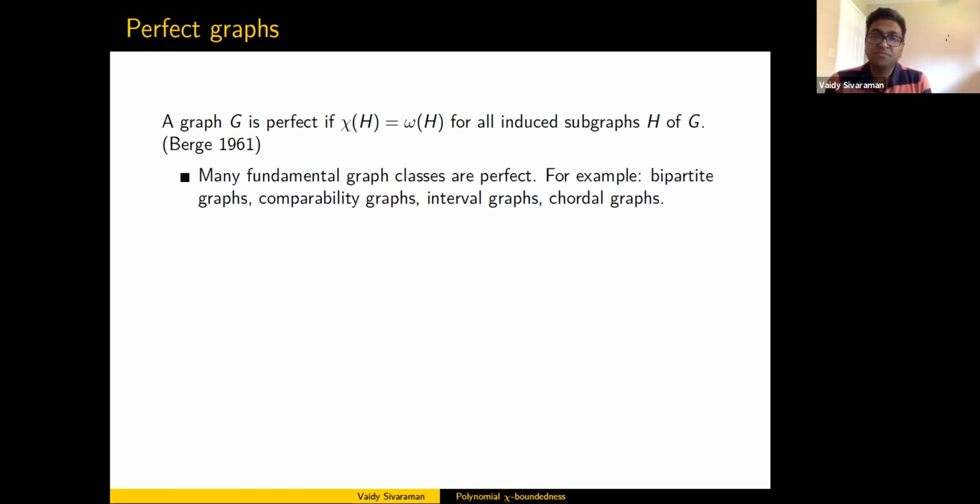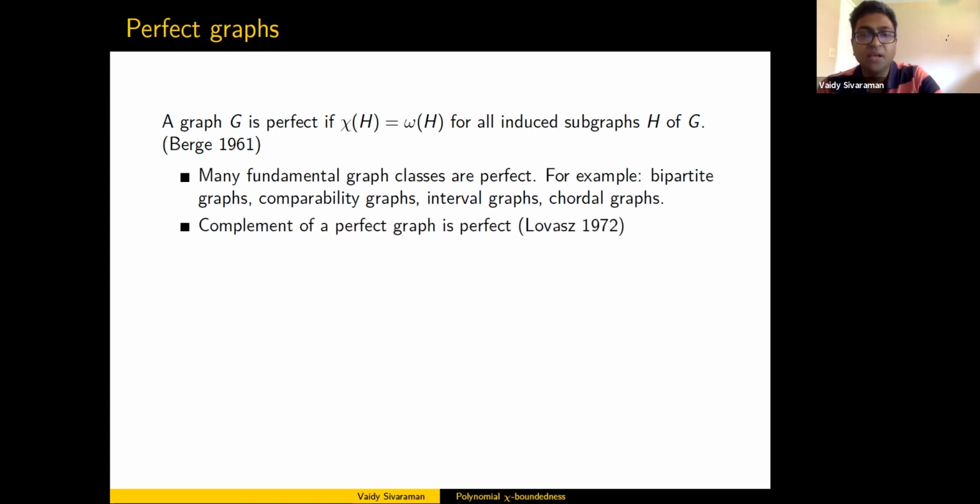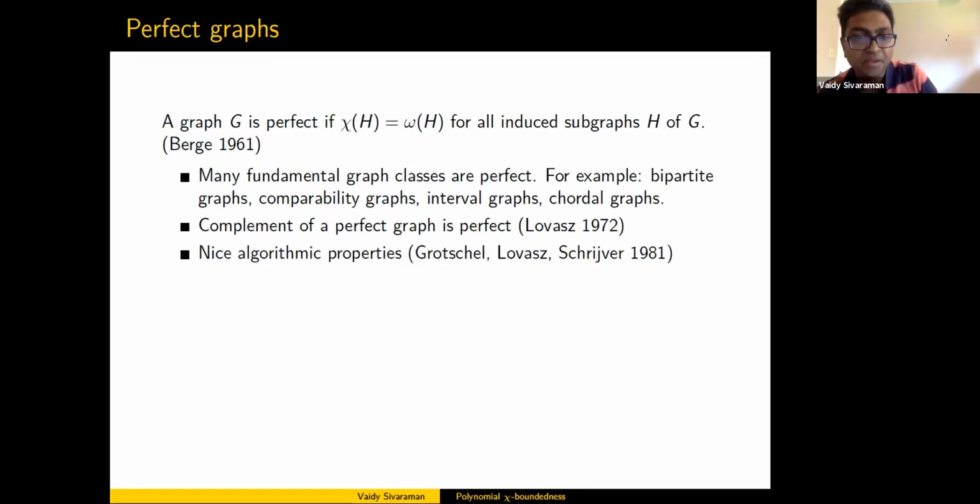Comparability graphs, which come from partially ordered sets, interval graphs, chordal graphs, and many more are fundamentally perfect. And Lovász, 1972, famously proved that the complement of a perfect graph is perfect. And this result is also mentioned in the Abel Prize citation for Lovász. So this was one of his earliest results.